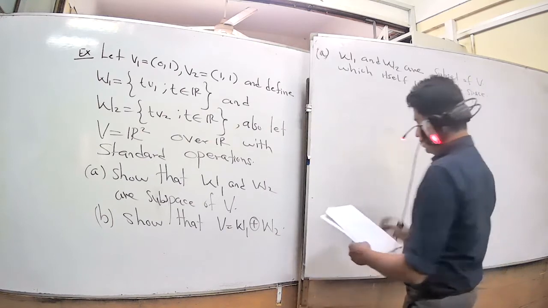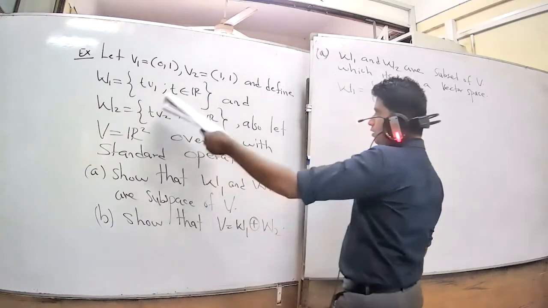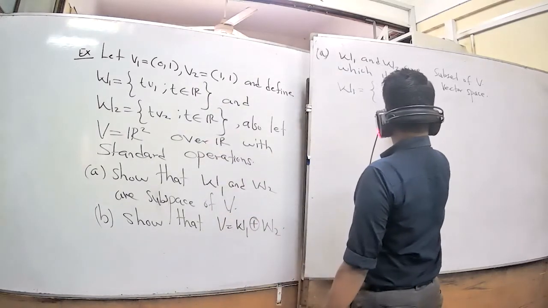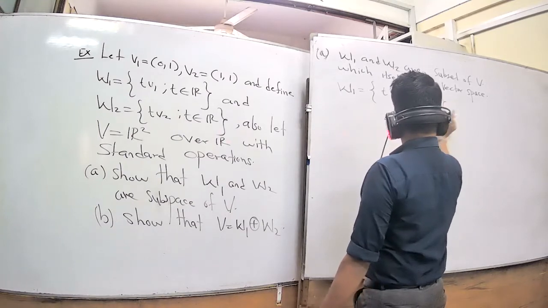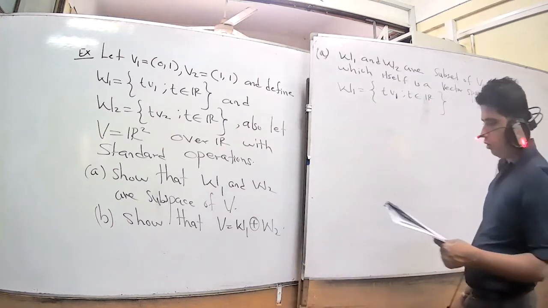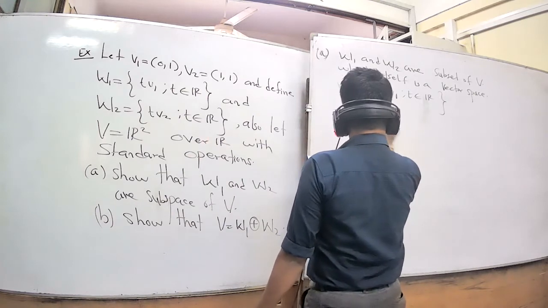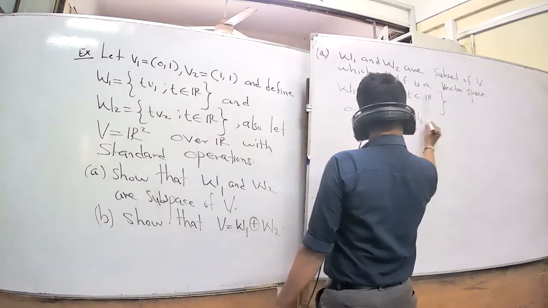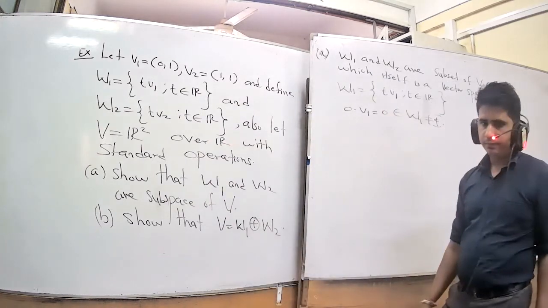Okay, first you consider this W1. W1 takes values of the form t v1, t belongs to real. Then you want to show that W1 is a subspace. Obviously, putting t as real number 0, 0 times v1 is 0. This belongs to W1, therefore non-empty.